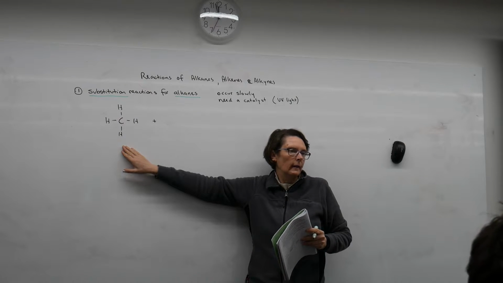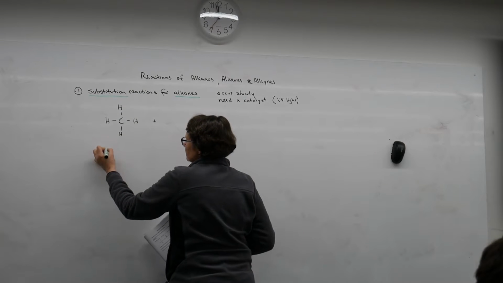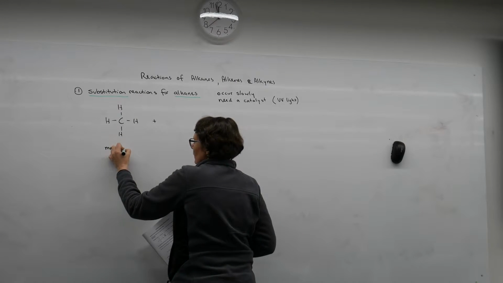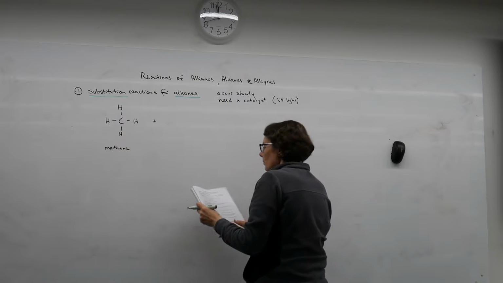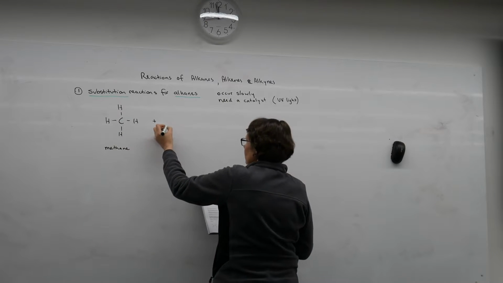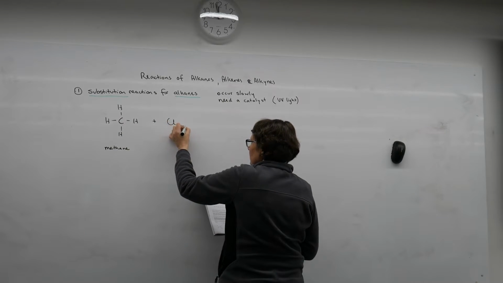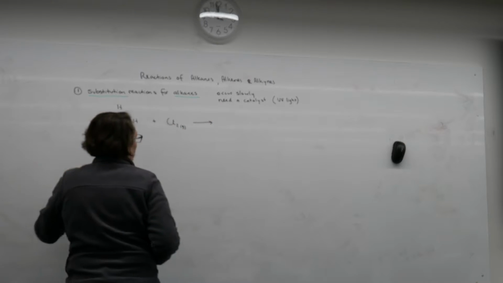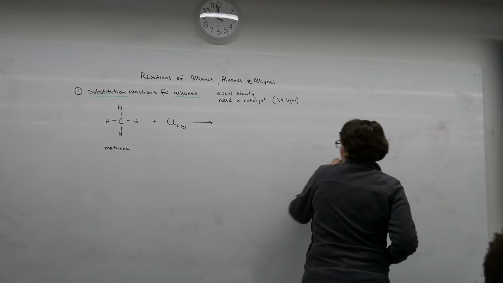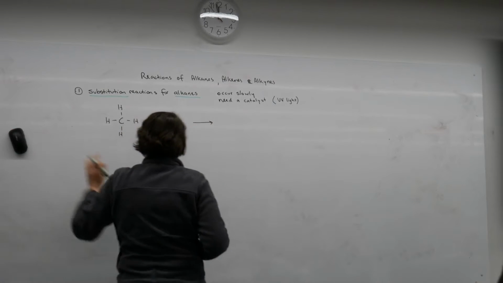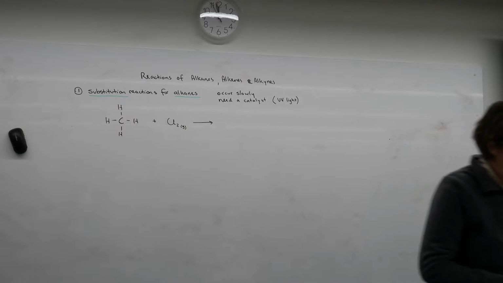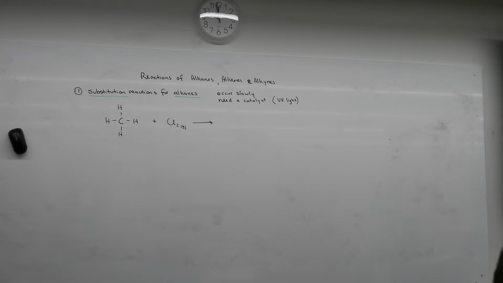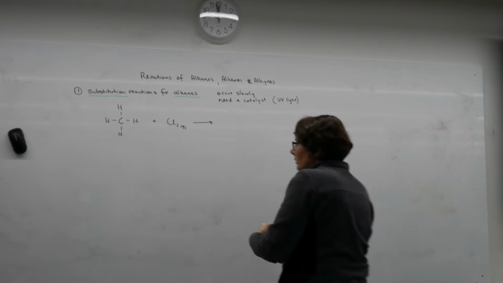Yeah, it's methane. And in our example, we're reacting it with chlorine gas. And what happens is that because this is a substitution reaction, we can substitute one of the chlorines for one of the hydrogens.